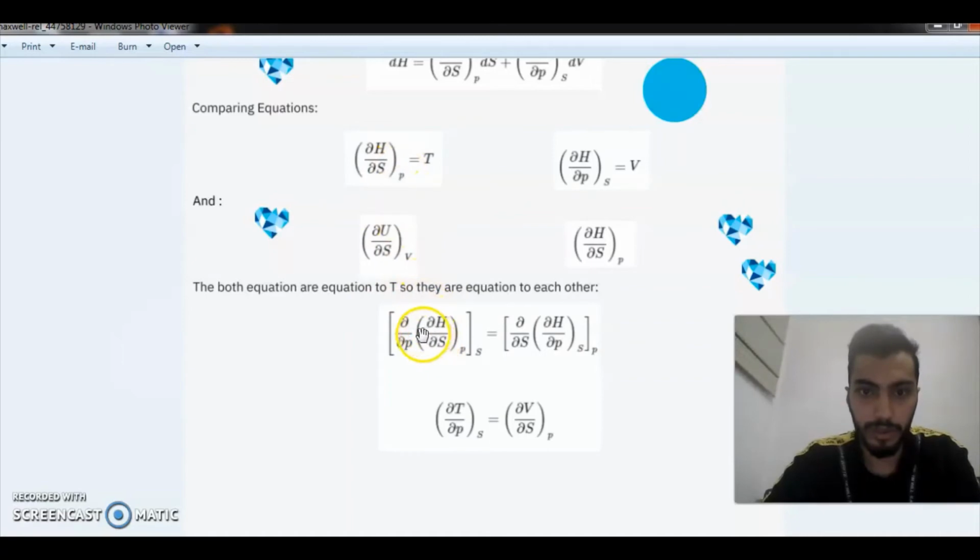So the differentiation over differentiation P multiplied by dH over dS at constant P, constant S, is equal to d over dS multiplied by dH over dP at constant S. All of this is constant. So then dT over dP at constant S equals dV over dS at constant P.